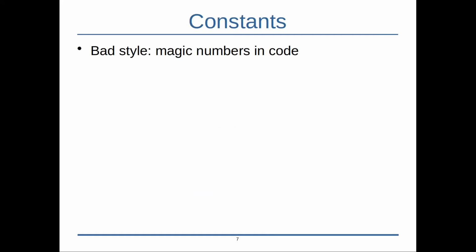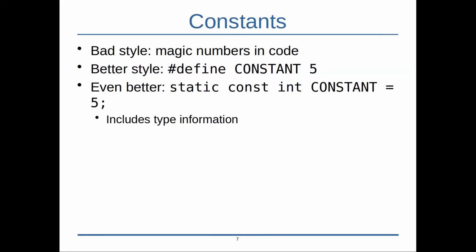Again, using constants as magic numbers in code is really bad style. It's much better to define a constant like 5 and just use the constant everywhere, so then you only need to change one line of code. Sometimes it's even better to specify something like static const int, then the name of the constant equals 5, because it also includes type information.